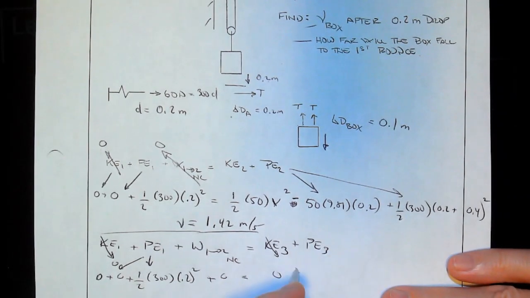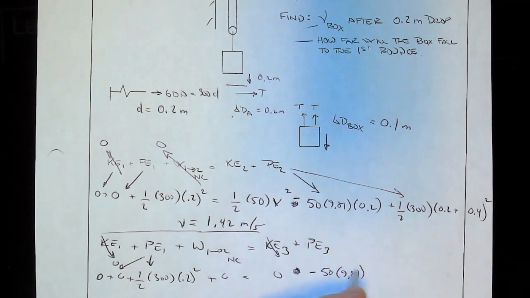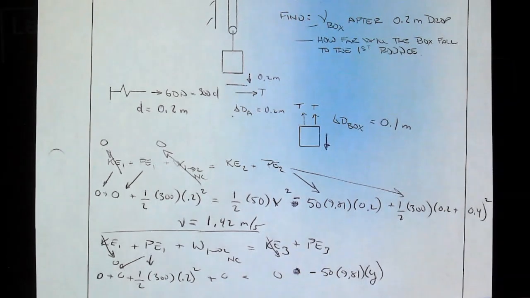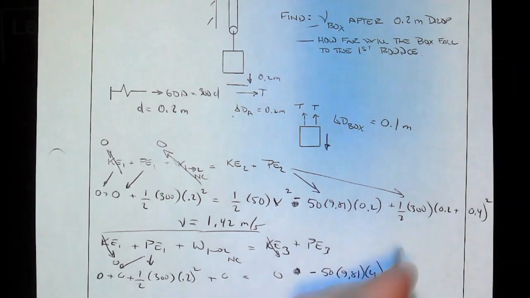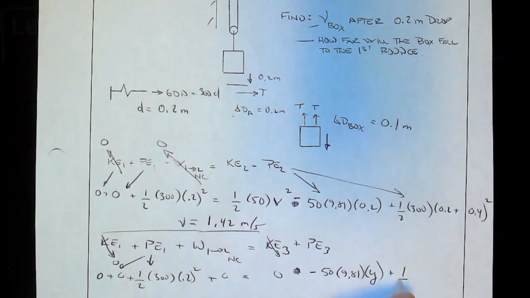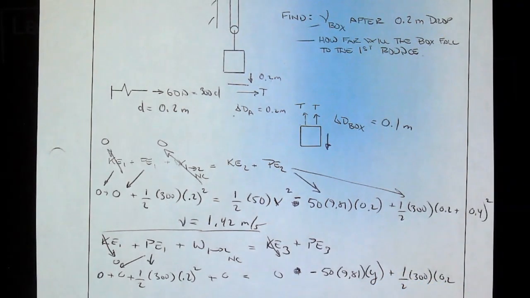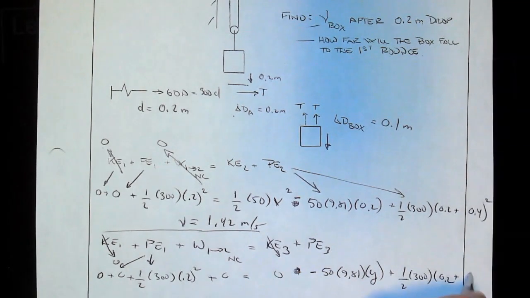So for PE for gravity, it'll be negative 50 kilograms, 9.81, and we'll just say it's going to fall some distance y. I don't know what that is, but we're going to find out. Plus, the spring is going to stretch as it falls, so 1/2 300. It had already stretched 0.2, and if it falls y, it's plus 2y. So 0.2 plus 2y quantity squared.